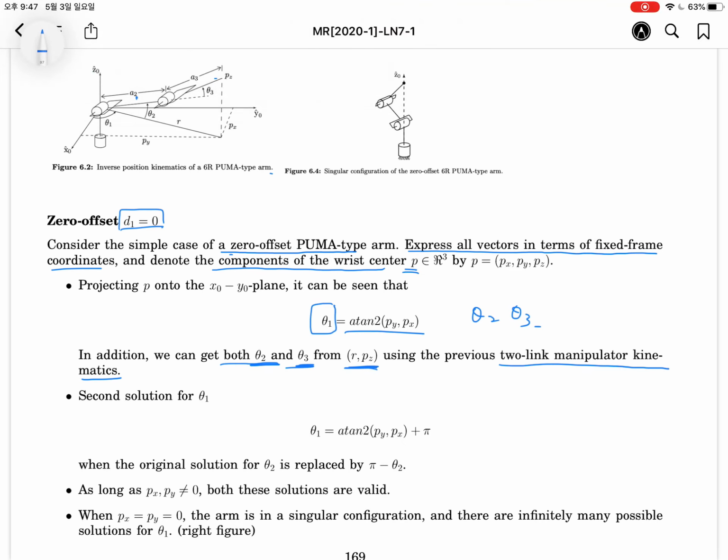Okay, let's consider the second solution of this Puma type. After setting theta 2 to 0 and theta 3 to 0, maybe the end effector will be located here. Okay, by assuming theta 2 is 0 and theta 3 is 0, maybe we have this kind of manipulator. Okay, let's rotate by pi, 180 degrees.